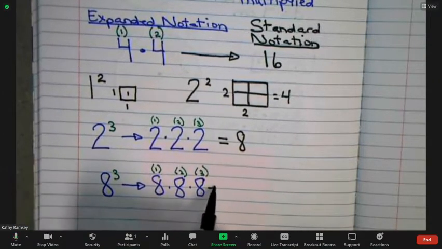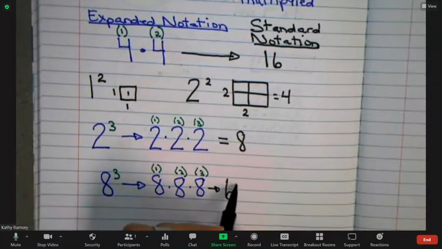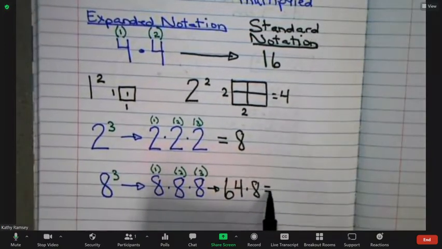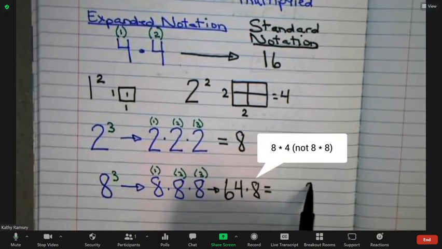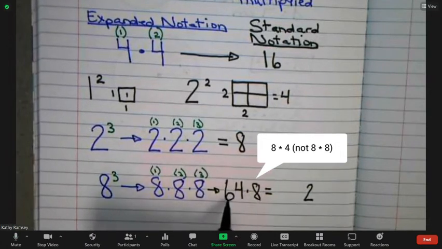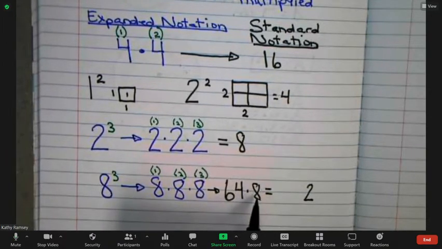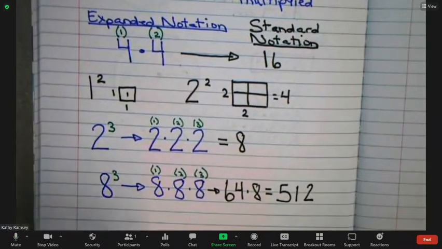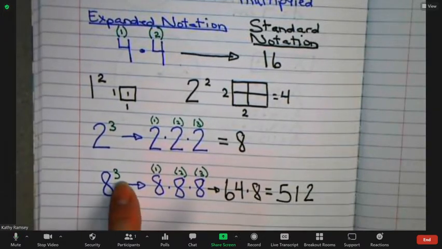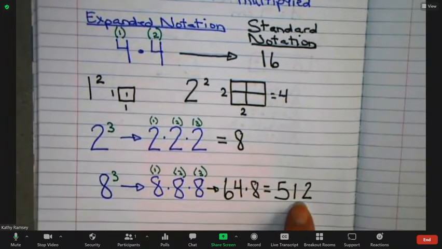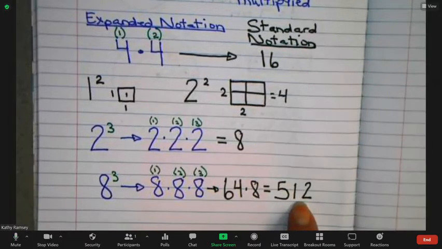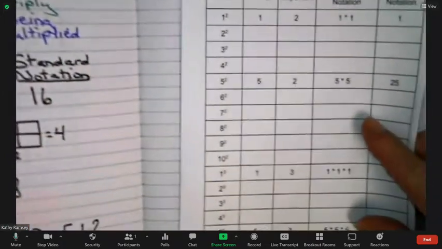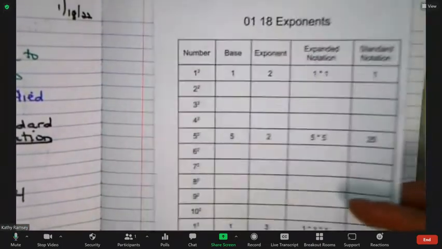I may need to grab a calculator. 64 times 8. 8 times 4 is 32. 6 times 8 is 48, plus 3 is 51. 512. So 8 cubed is 512.